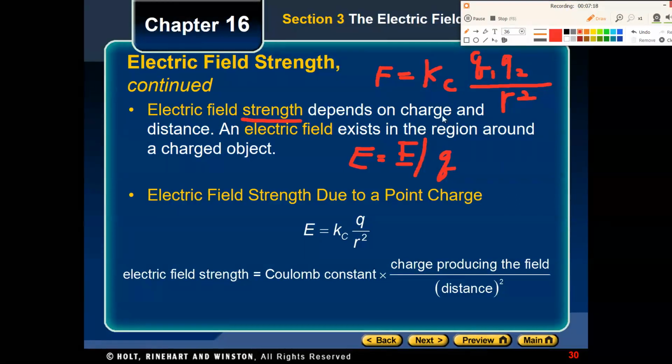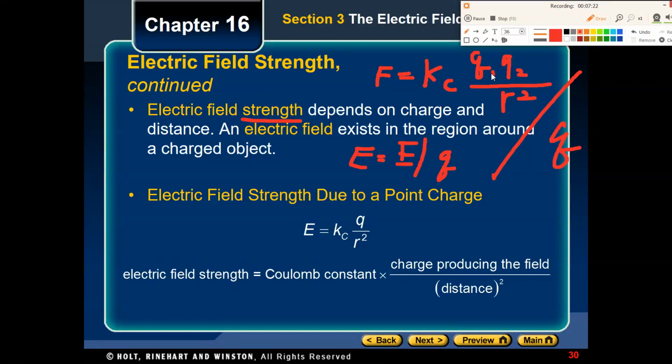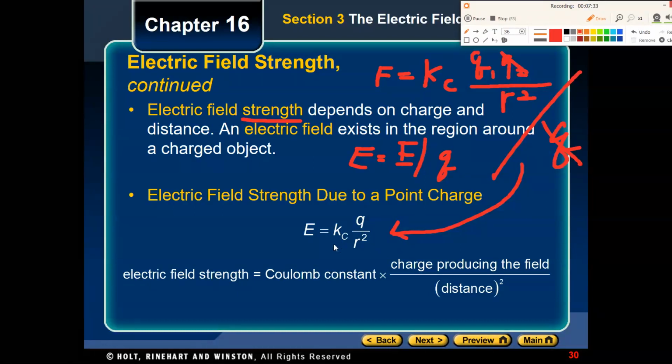If you divide this by the test charge, one charge cancels out. So the strength of the electric field is Kc, the Coulomb constant, multiplied by the charge, the charge you want to figure out the electric field strength of, divided by the distance.